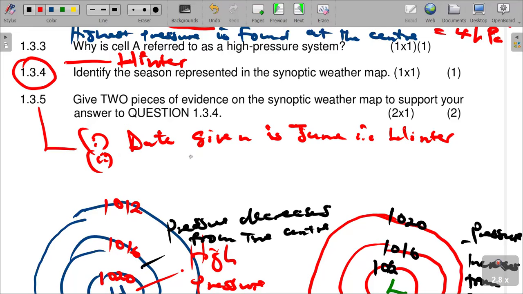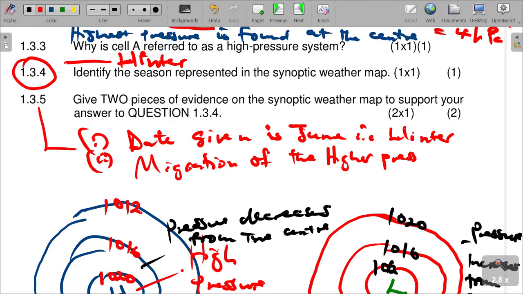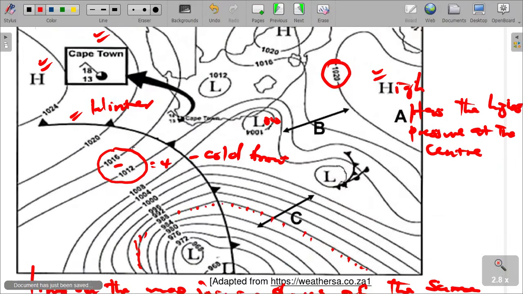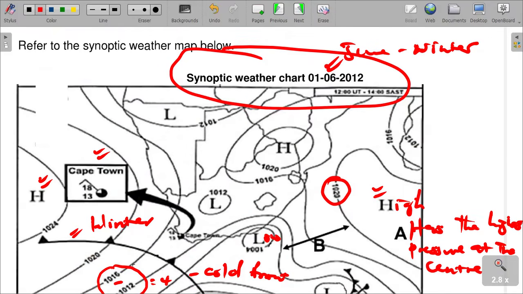We also talked about the migration of the high pressure to the north. When the high pressure cell migrates to the north, as you can see there, it is almost around Zimbabwe.